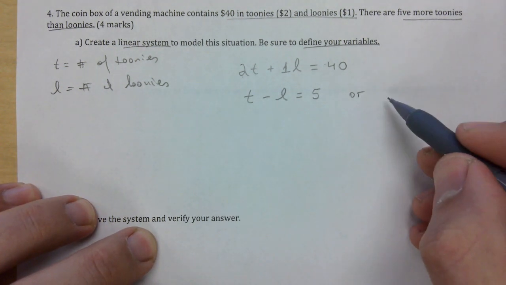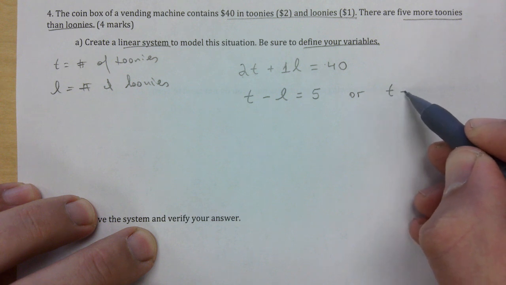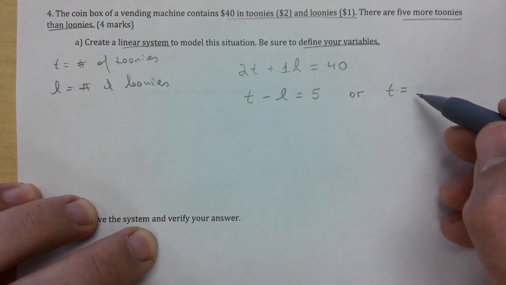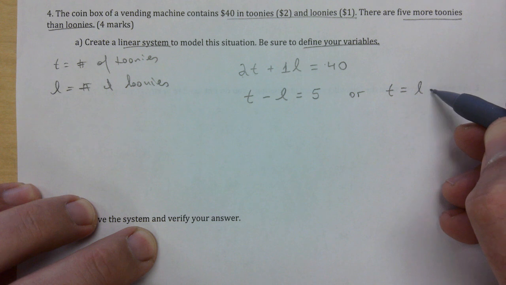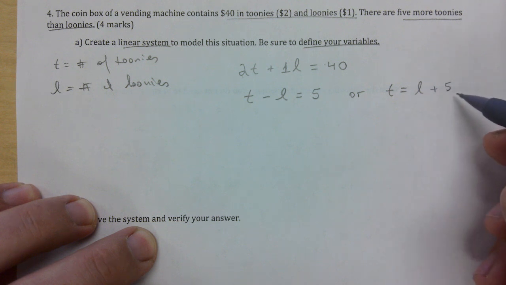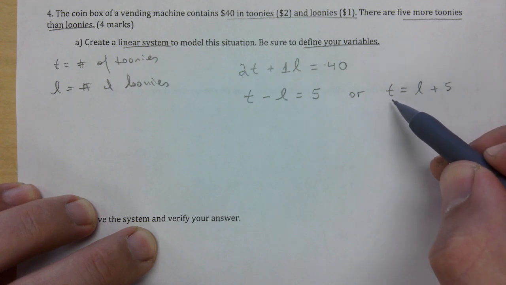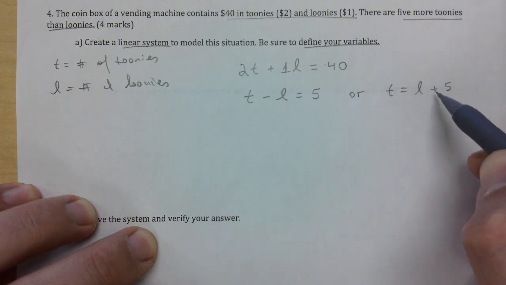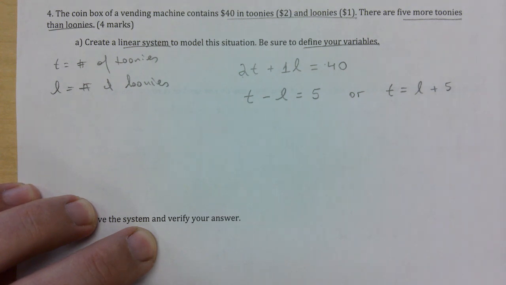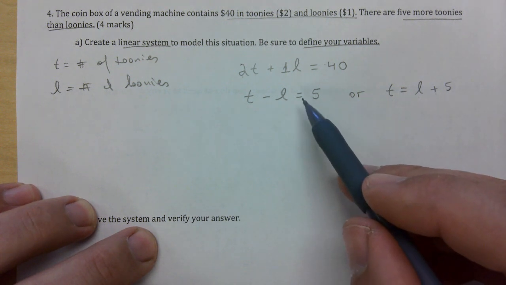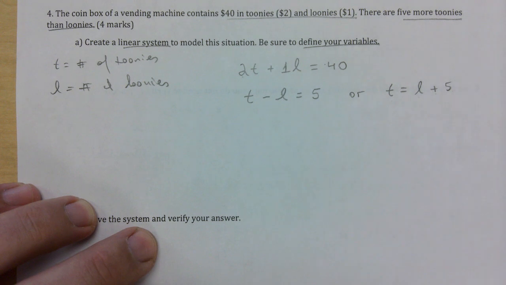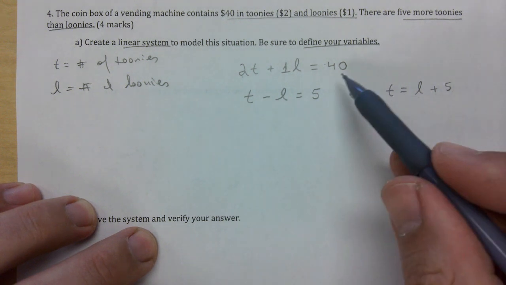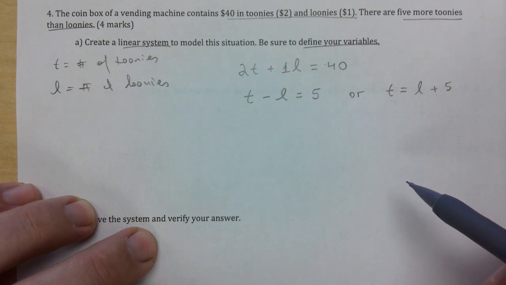Or you could say that the number of toonies would be equal to loonies plus another 5, because there are 5 more toonies than loonies. So you take the number of loonies and you add 5 to it. That would be another way of doing it. Okay, and if you just look at it, it's the same equation, just stuff brought over and rearranged. So either one of them would have done the trick.